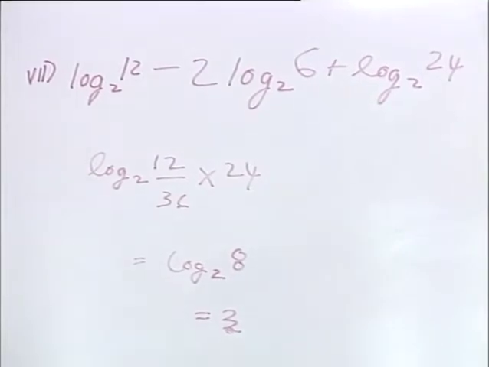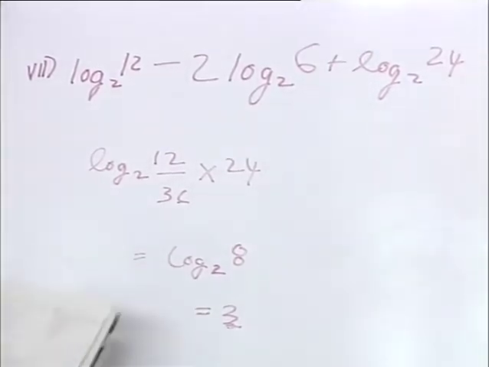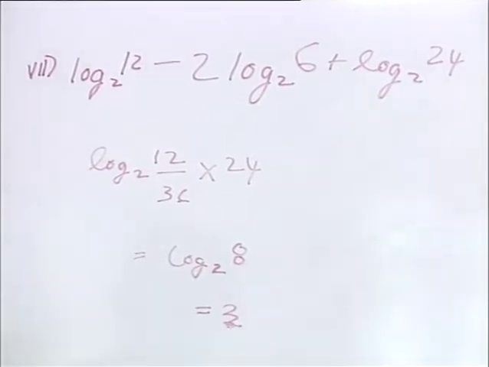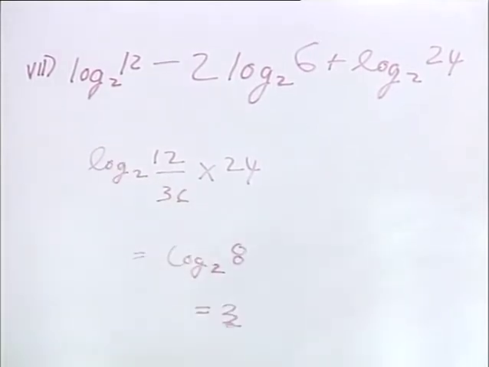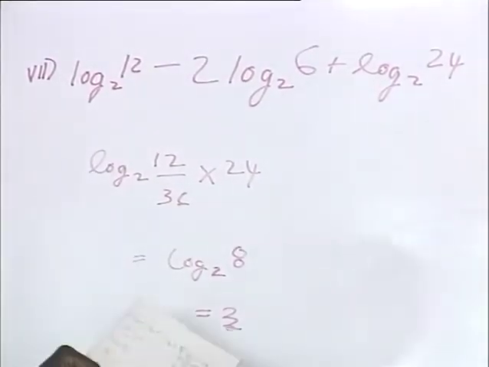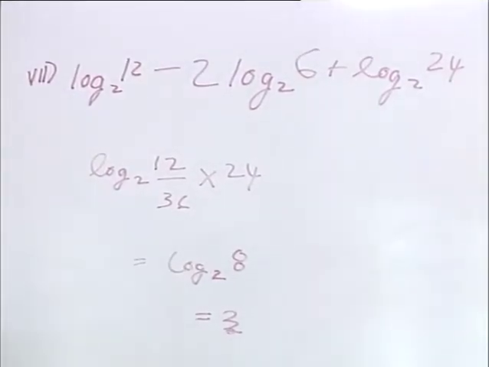Log of 12 to the base 2 minus 2 log 6 to the base 2, you square 6 to get 36, and they all have the same log base. So 12 divided by 36 times 24, to get log 8 to the base 2, and that is equal to 3.